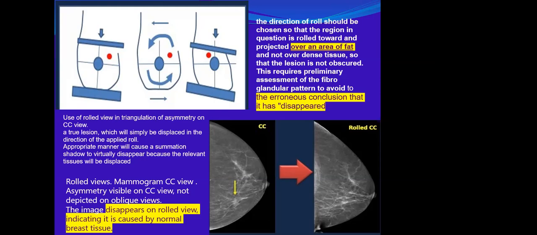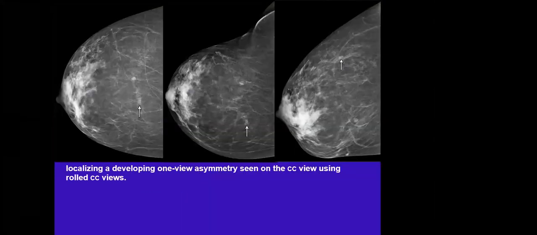If we roll the superior breast laterally, the inferior lesion will go medially. If the lesion is at the center of the breast, what will happen? It will not change. Okay, let us see this.